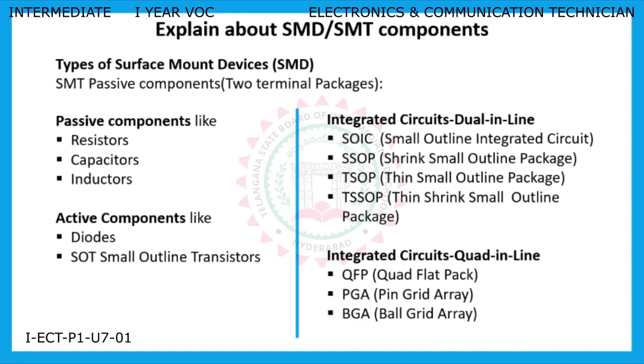There are types of integrated circuits, ICs, dual inline, like SOIC, small outline integrated circuit, SSOP, shrink small outline package, TSOP, thin small outline package, TSSOP, thin shrink small outline package.